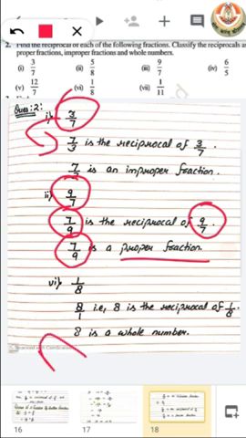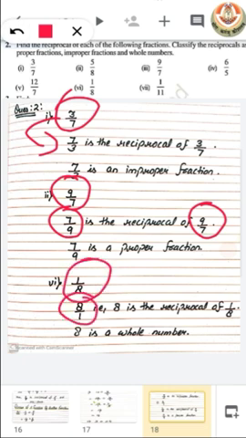Why? Because the numerator is smaller than the denominator. Now for 1 by 8, we know that 8 by 1 is the reciprocal of 1 by 8 and 8 by 1 can be written as 8. And we know that 8 is a whole number.